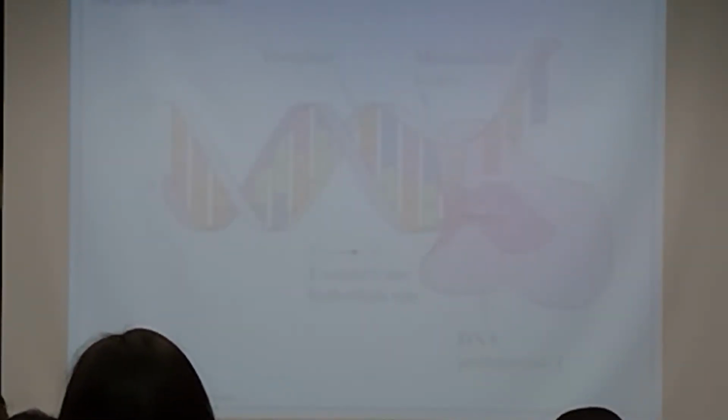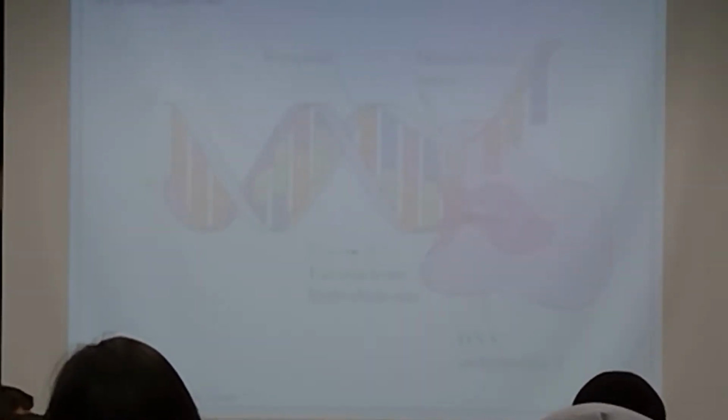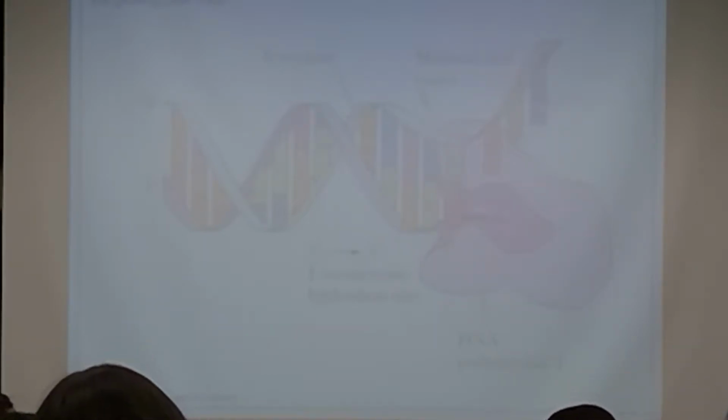If there is a mismatch, like here, you see GC is common. If there is a GT incorporation, a mismatch base pair, it is melted and removed. Because think about this, in E. coli, the whole cycle is 15-20 minutes.